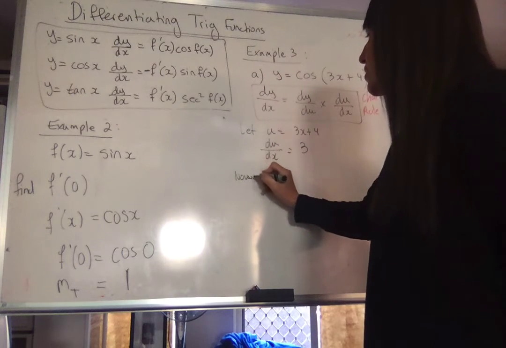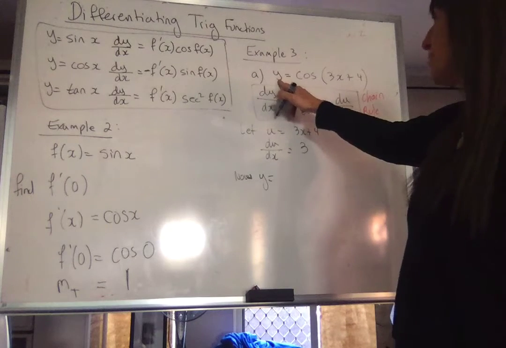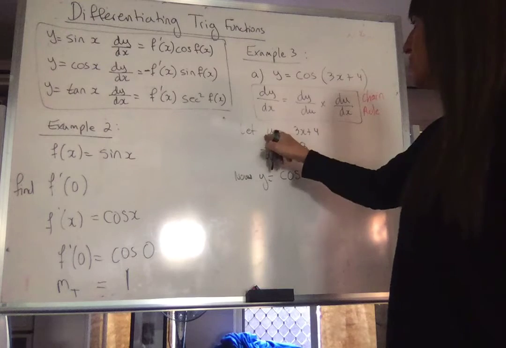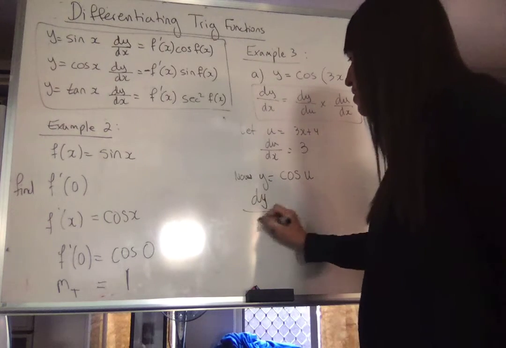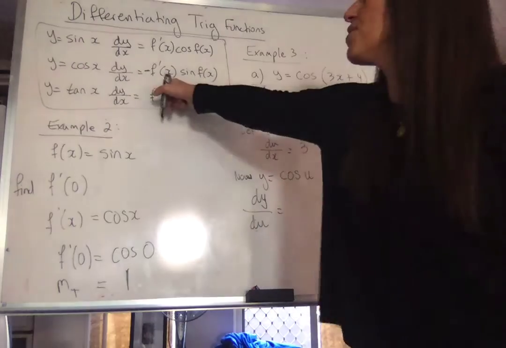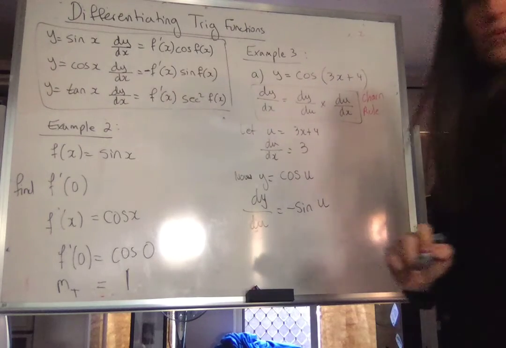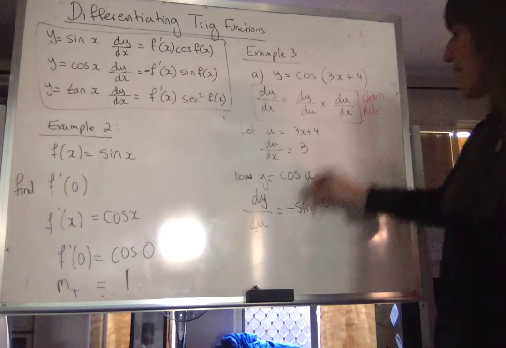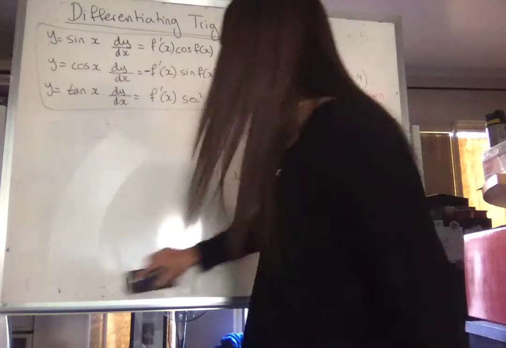Now, y, this original function, becomes cos u. And now I differentiate and find dy du. Now the derivative of cos, if we go over here, is negative sine u. So going back to my chain rule and I substitute all that in, what do I end up with?